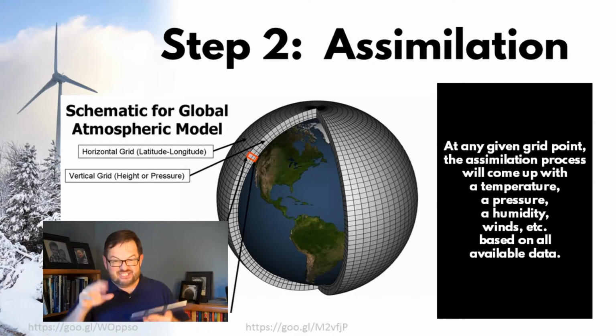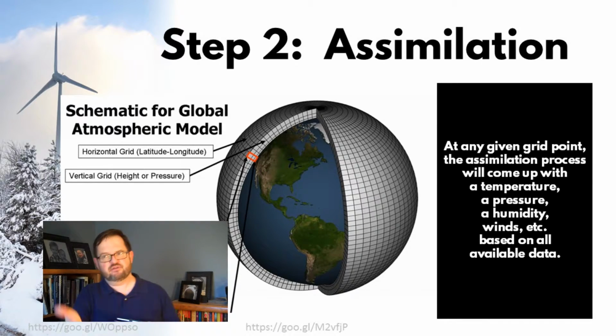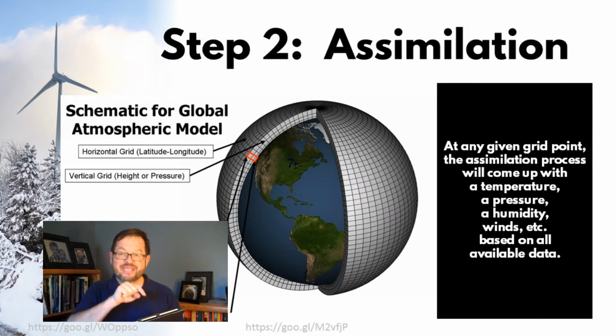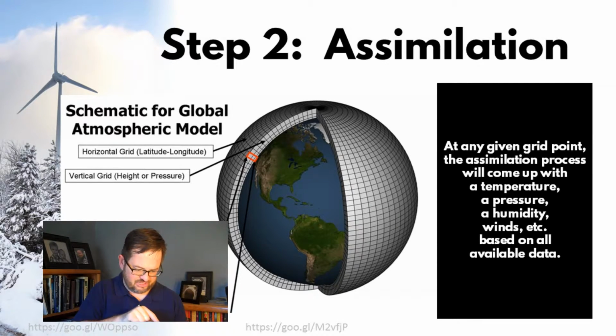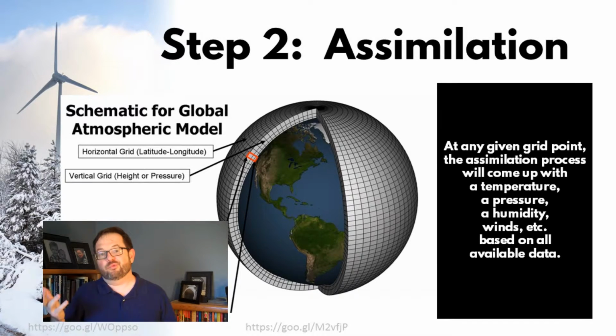Each one of those boxes has a single value of temperature, a single value of pressure, and a single value of the wind speed and wind direction and so on. A single value will represent what the temperature is throughout that box. That's part of the reason why they can't be that big. Obviously, a box as big as these, a couple hundred kilometers on each side, would not really have the same temperature throughout.